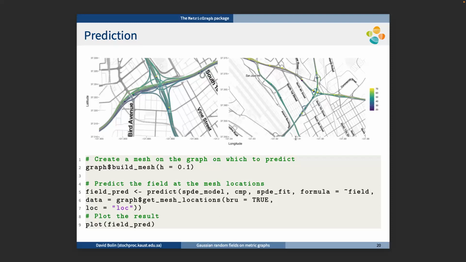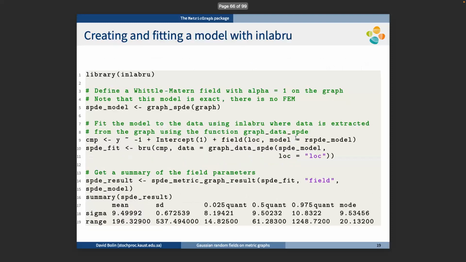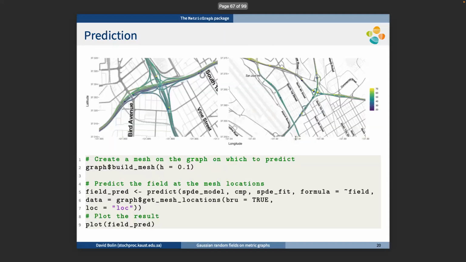The first thing is that here you have to fix this smoothness parameter. So this alpha parameter has to be fixed to an integer for us to be able to work with this model exactly. But from the theory, we knew that these smoothness parameters were actually crucial for doing prediction.